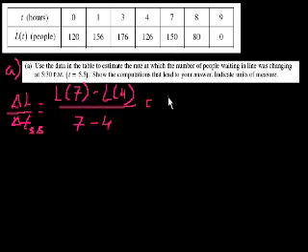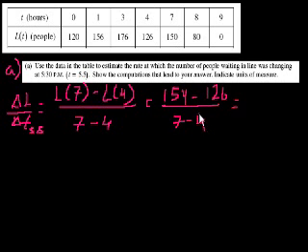L of 7 is 154. They give us that. L of 4 is 126. And we divide it by 7 minus 4. So that equals what? 154 minus 126 is, let's see, if I have 24 plus 26 is 50, so it's equal to 28, right?